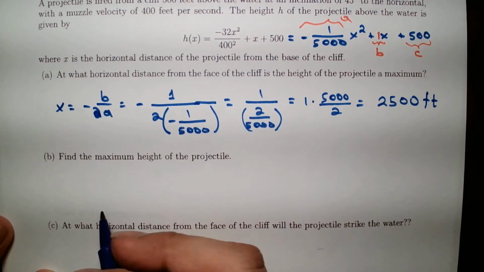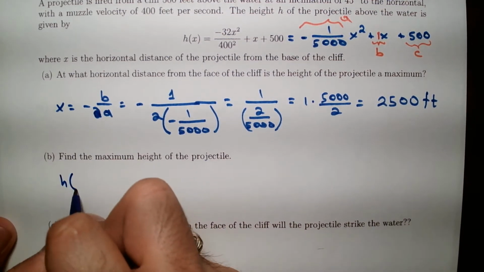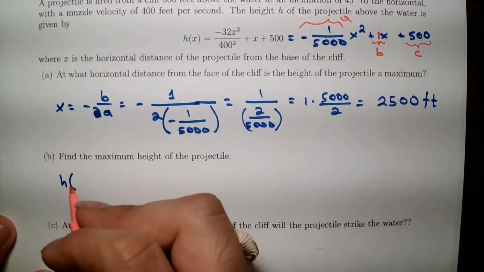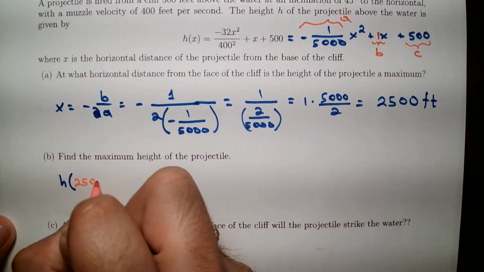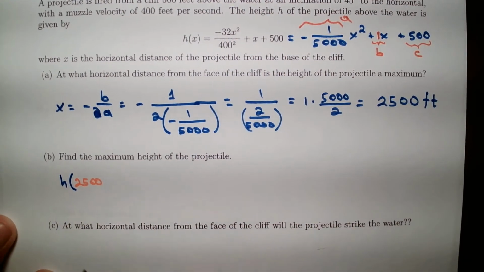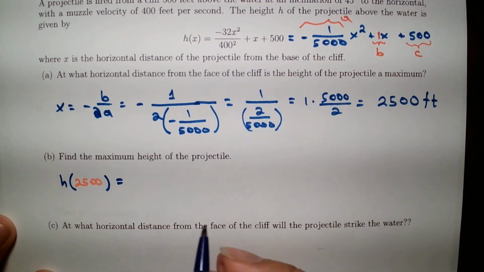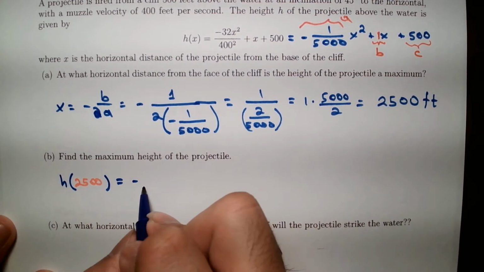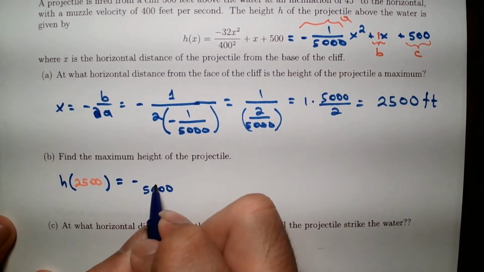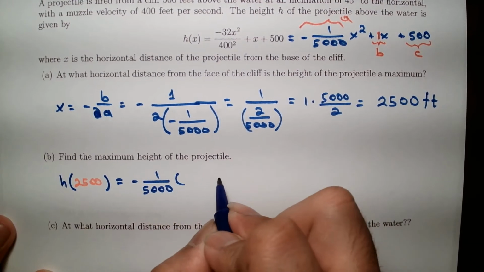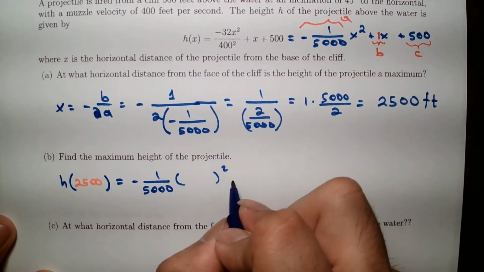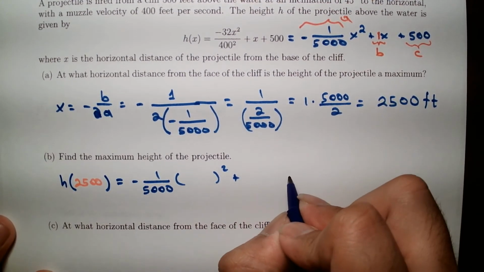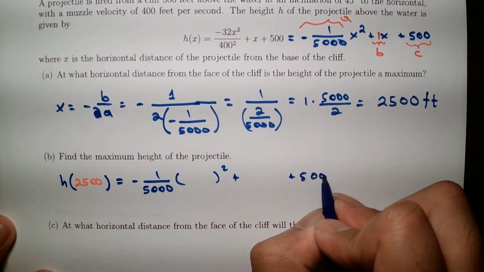So in this case, the h function evaluated at 2,500 equals negative 1 over 5,000 times x squared plus x plus 500.